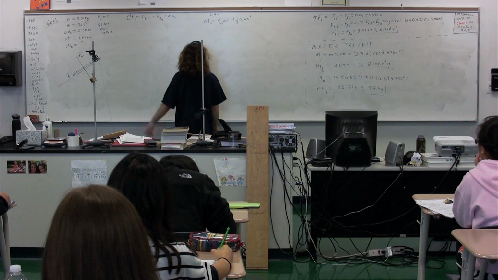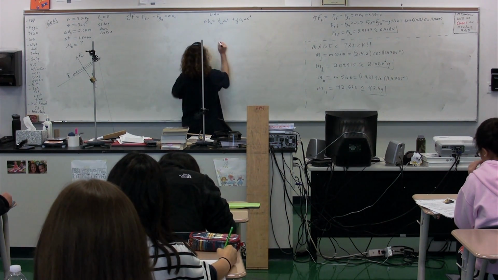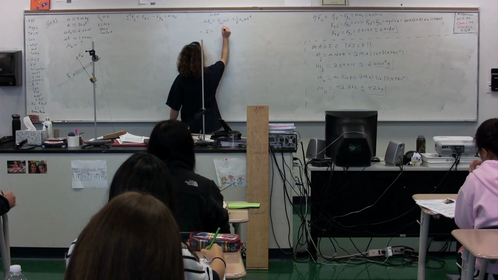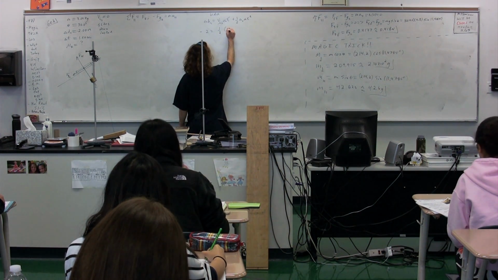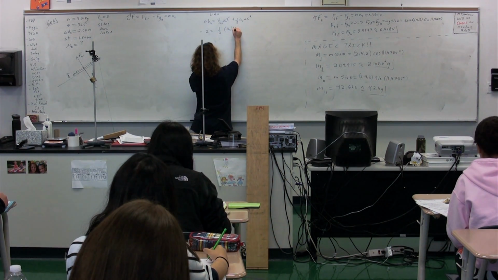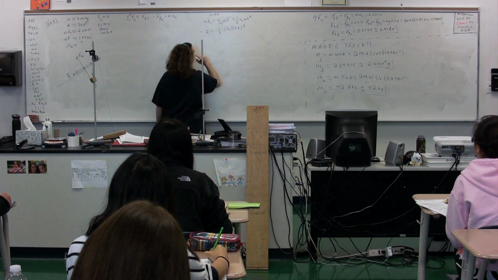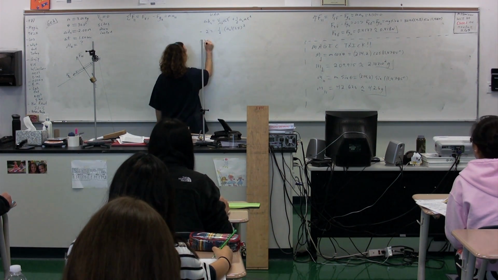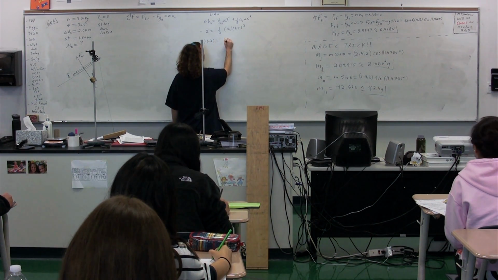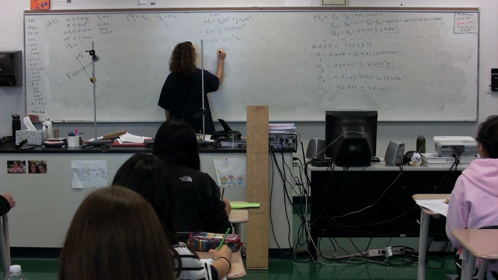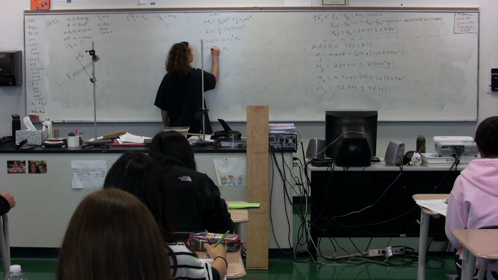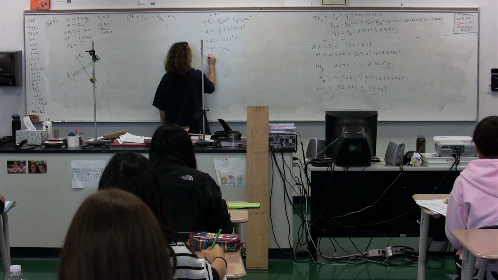Great. So now we have all of this information. We can figure out the acceleration in the parallel direction. We have -2 equals initial velocity, which is 0, plus 1/2 times the acceleration in the parallel direction, which we're solving for, times delta t, 1.5 quantity squared. We multiply both sides by 2. We get 2 times -2 equals 1.5 squared times the acceleration in the parallel direction. Therefore, the acceleration in the parallel direction equals 2 times -2 divided by 1.5 squared.